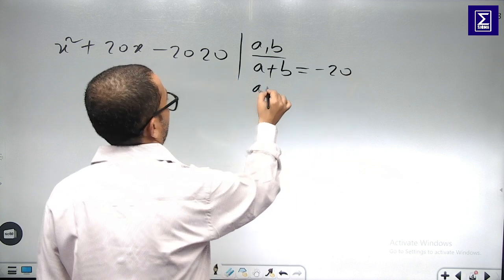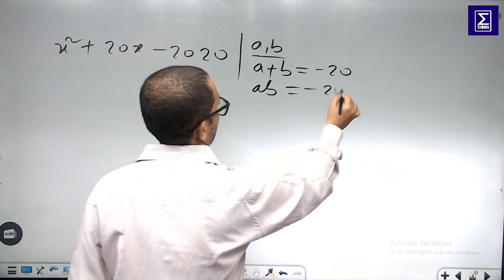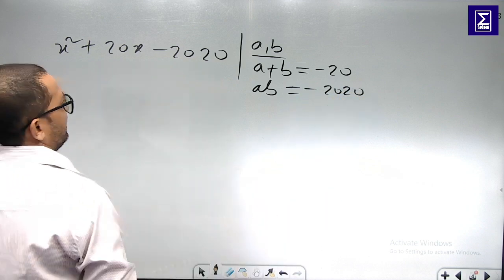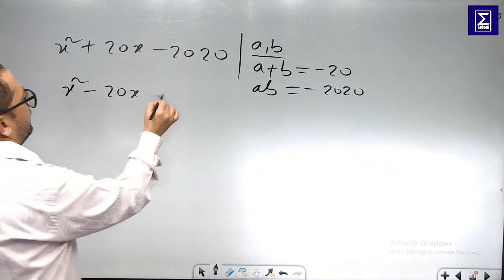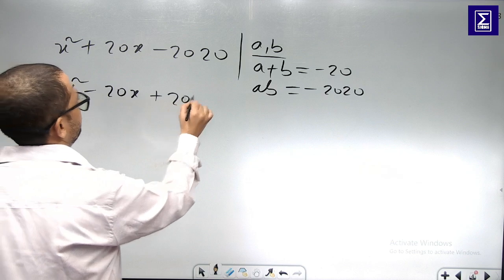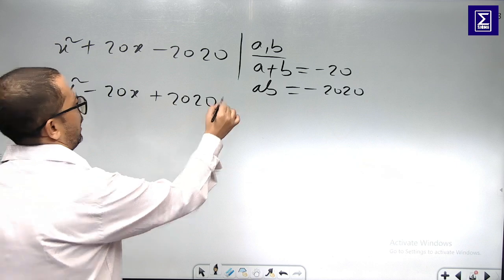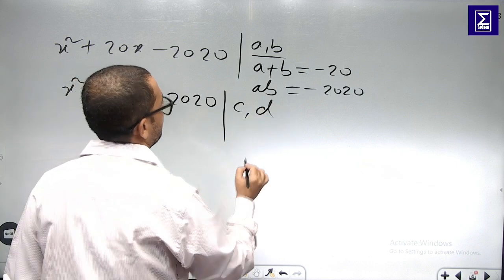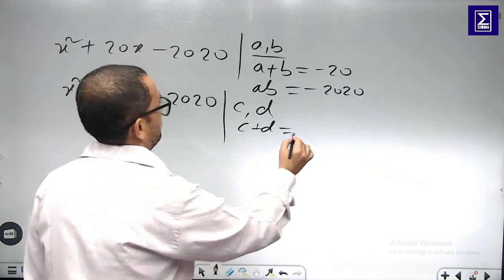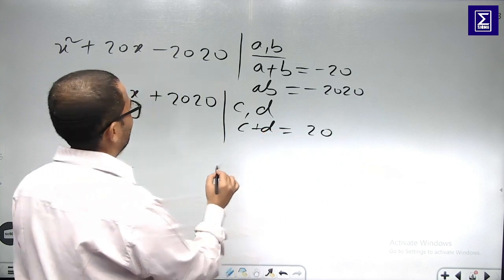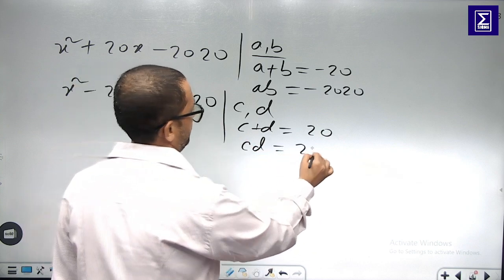And the product of the roots is c upon a, that is minus 2020. Now again, x square minus 20x plus 2020. Here you have two roots, c, d. The sum of the roots is c plus d, that is 20, and the product of the roots is c upon a, that is 2020.